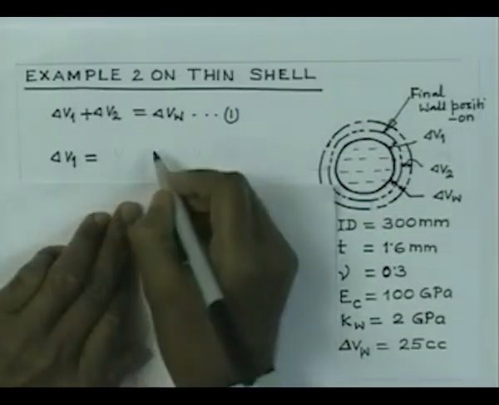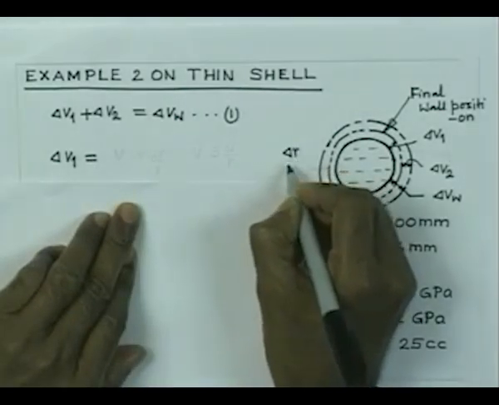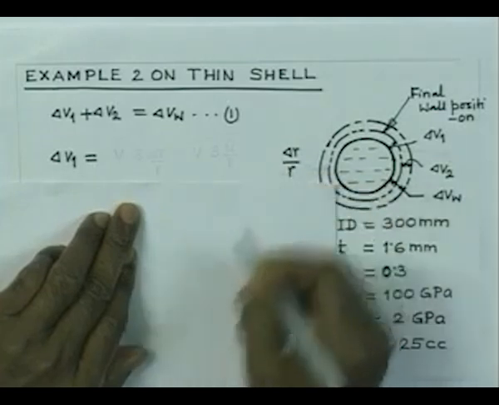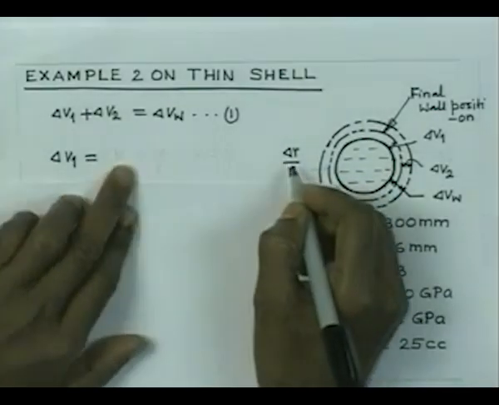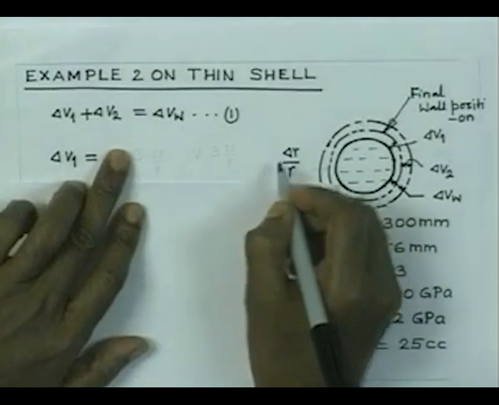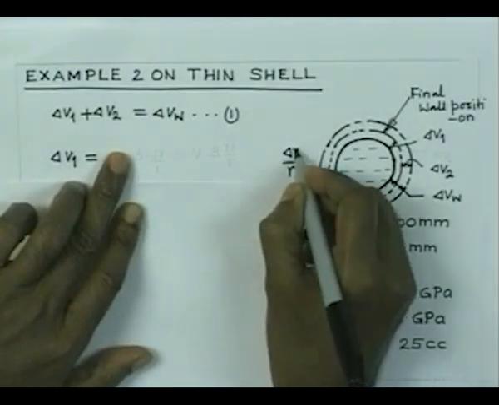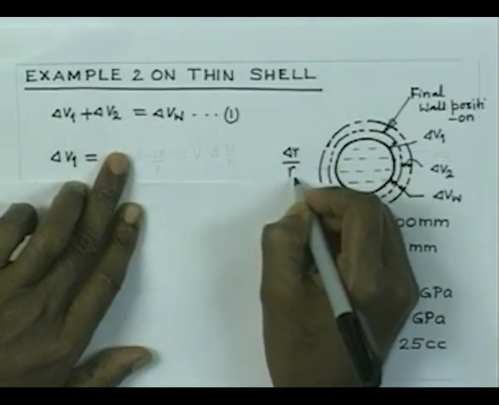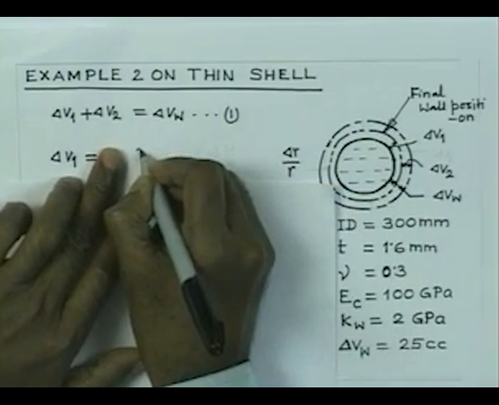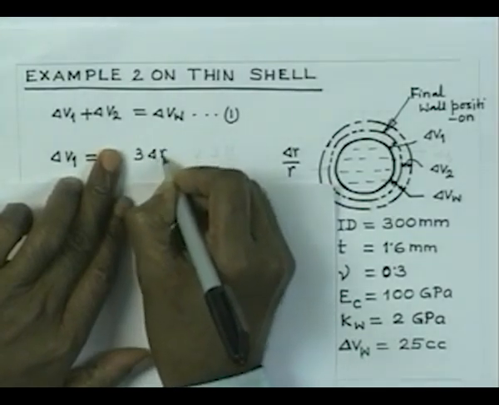Let us say that radial expansion is equal to delta R. So, delta R by R is nothing but hoop strain. If that is the hoop strain, the volumetric strain is going to be 3 times that strain, that is, 3 times delta R by R.